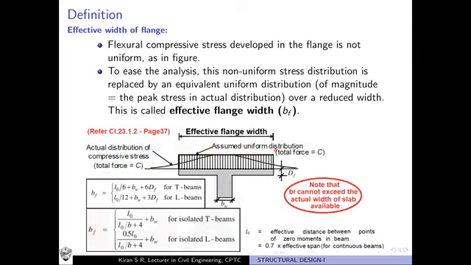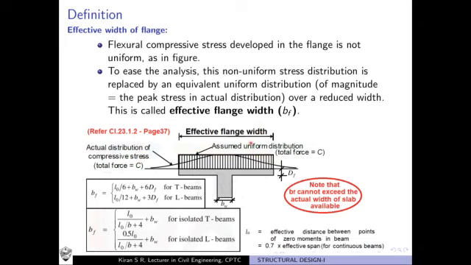You don't have to think too much about it, just understand that this is the actual distribution of stress and you want to find how much length of slab is behaving as the T-beam. So you assume a uniform stress distribution over this restricted width, such that the forces for both cases are equal.